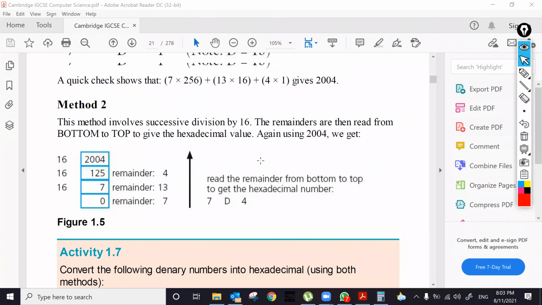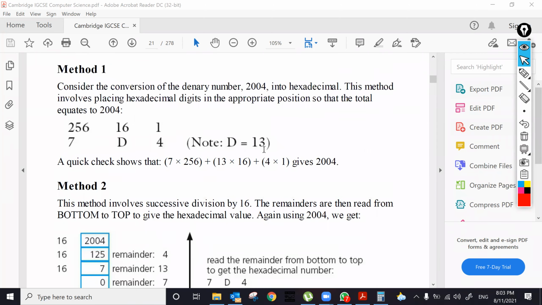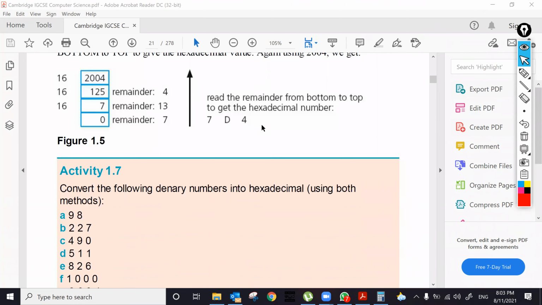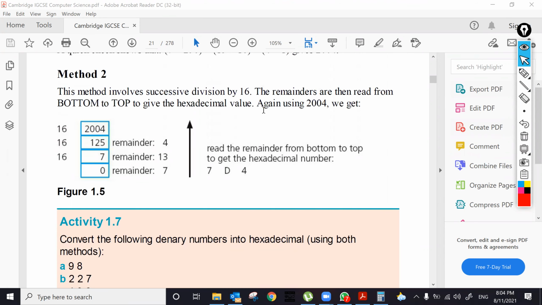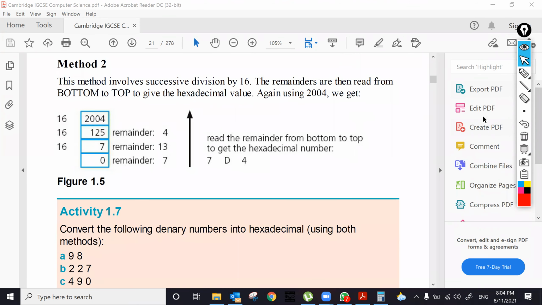Okay, now the other way around, that means we are dividing, right? We have to divide by 16. So they started from this 2004, right?